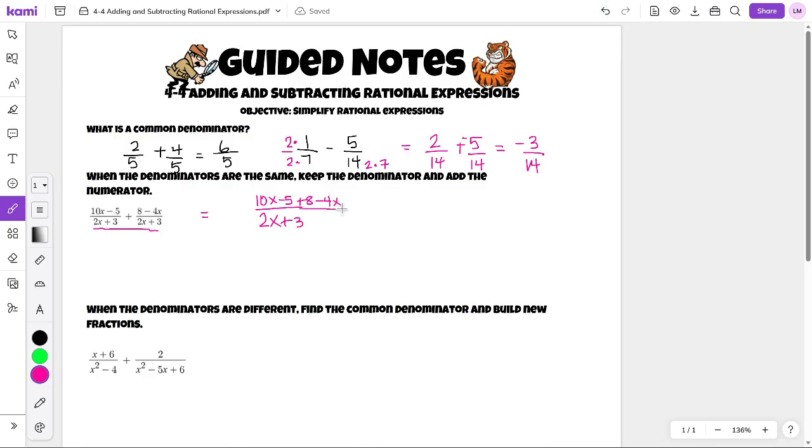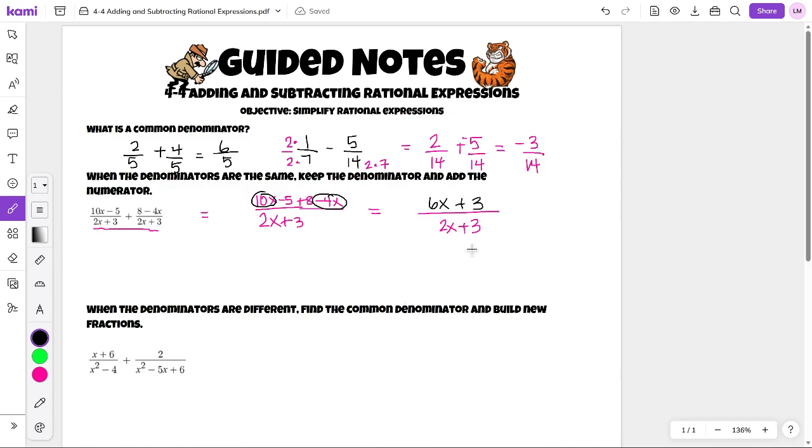There we go. All right, so I'm going to keep my denominator, and I'm going to clean up the numerator. On the numerator, I have some x's, and then I also have just some numbers without x's. So I have 10x and a negative 4x, that's 6x. And I have a negative 5 and a positive 8, and that's 3.